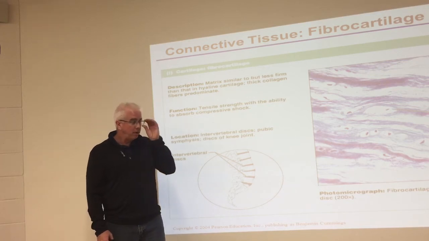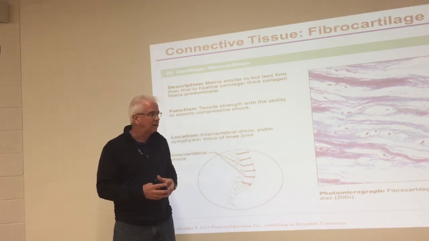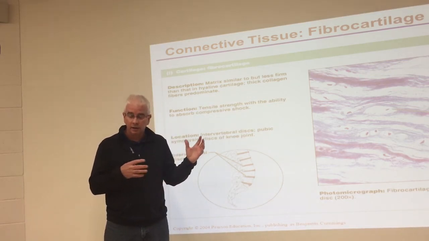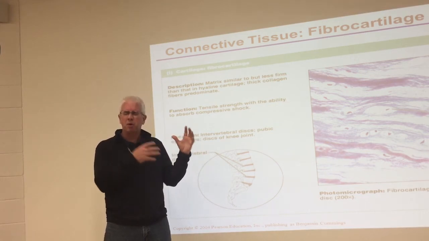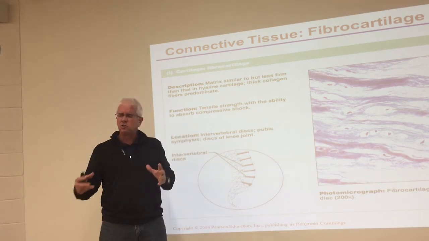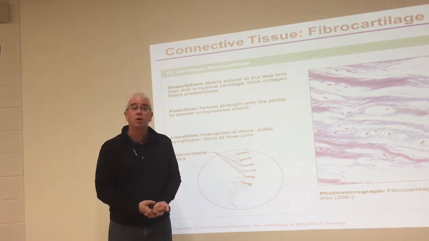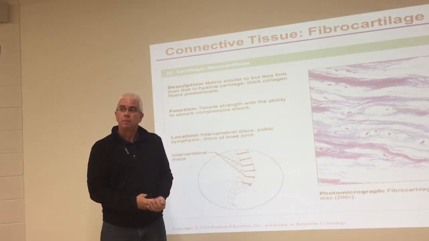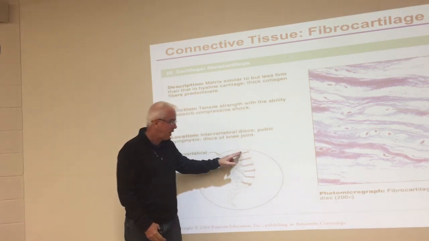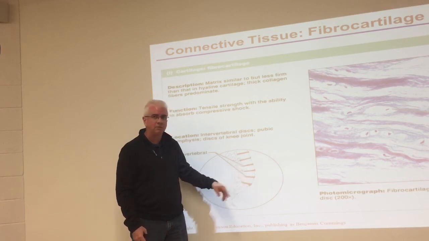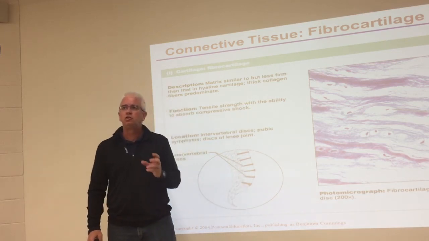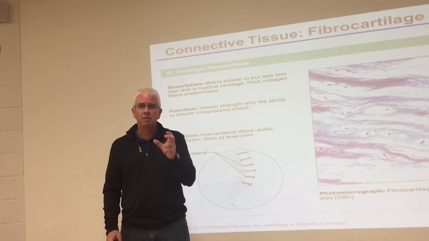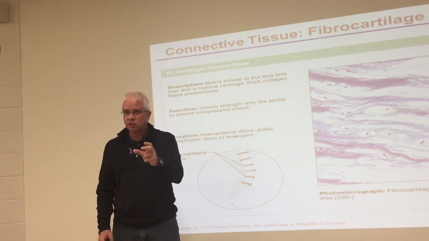And they're made up of components that clinicians use language to describe regularly. So each of these pads, each of these fibrocartilage pads between their bones, consist of two major pieces that clinicians refer to.